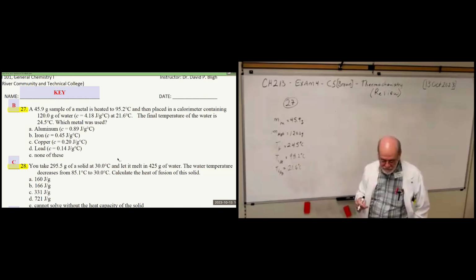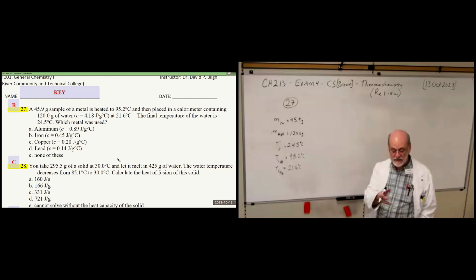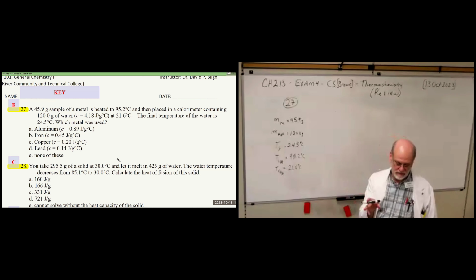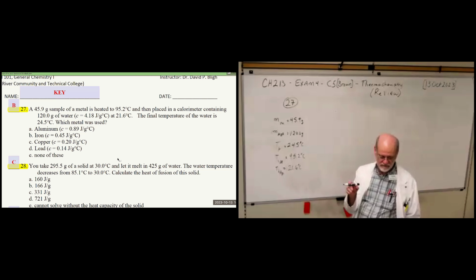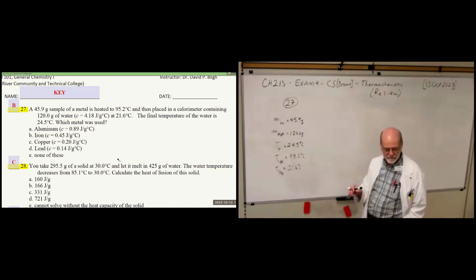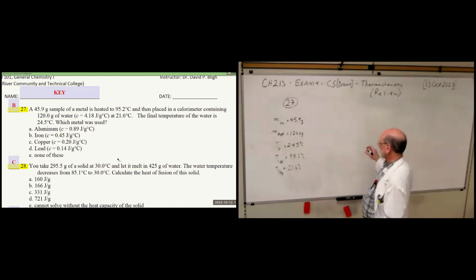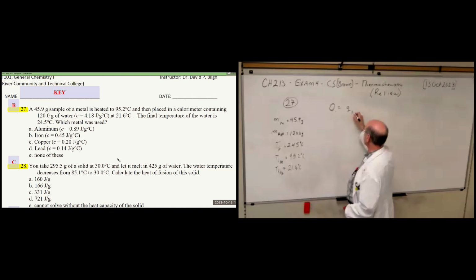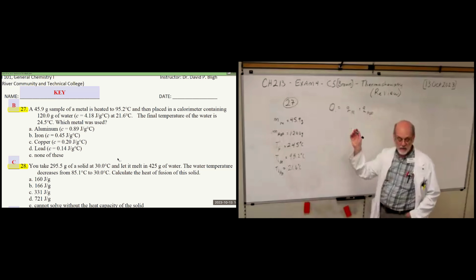I think that's everything that we're given, except for, notice this is an old question because they're using little c for the specific heat of water. We're using S. It's the same thing. So when we set it up like this, 0 equals the heat change of the metal plus the heat change of the water, and we're ignoring the calorimeter again.